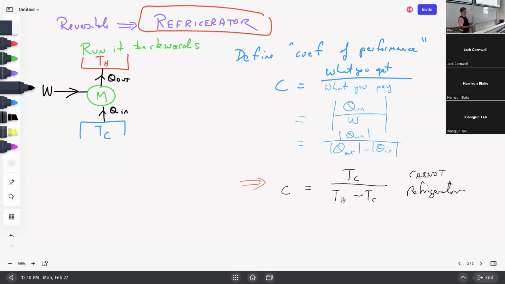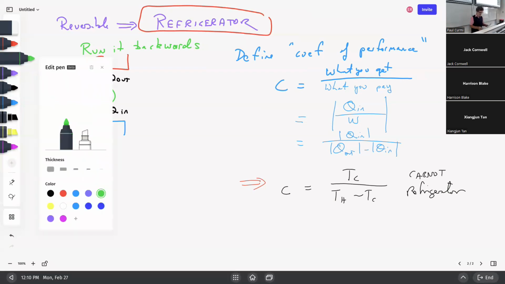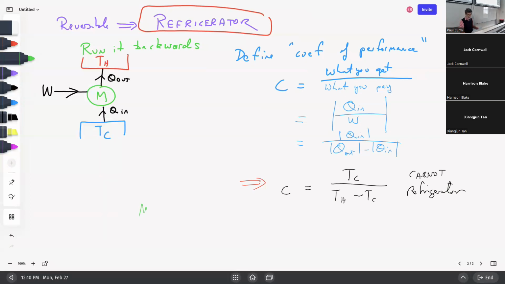This is not a real refrigerator. So just some notes: C can be greater than 1. And a real refrigerator is more complex.